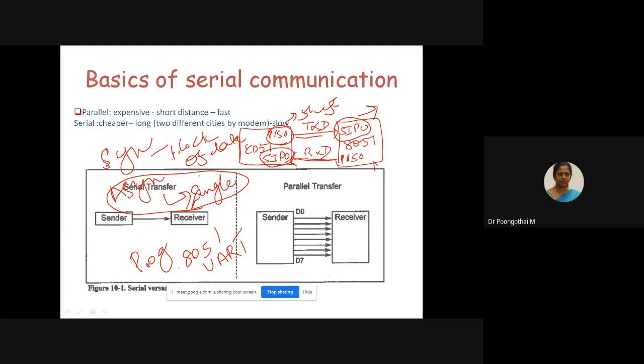There are special ICs made by many manufacturers for serial data communication to support asynchronous data communication. Another IC version is also available, the USART, which supports both synchronous and asynchronous ways of communication: universal synchronous asynchronous receiver transmitter.